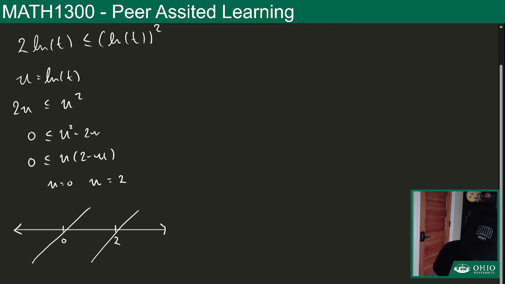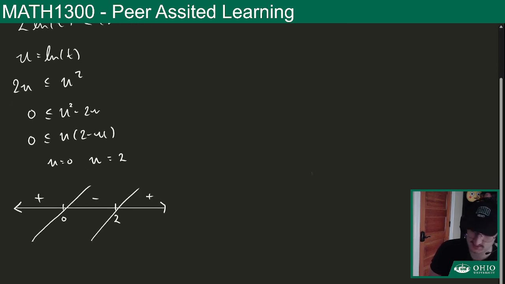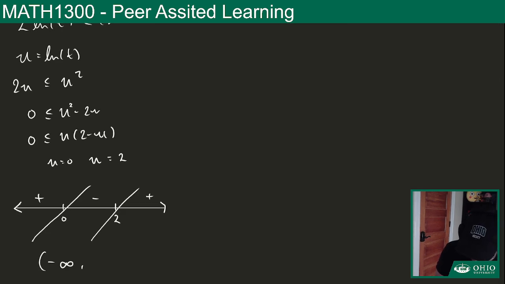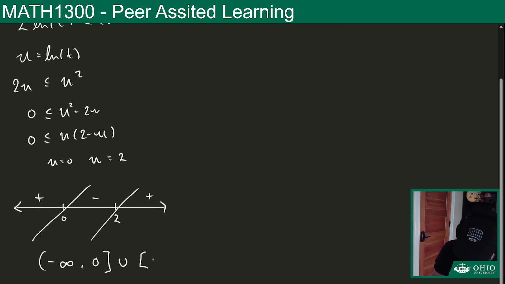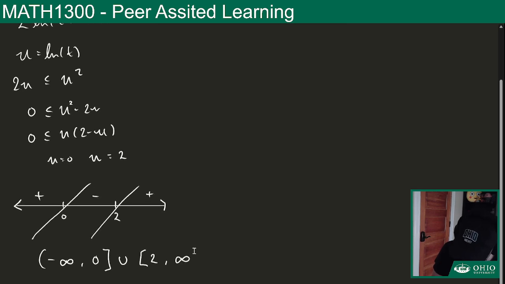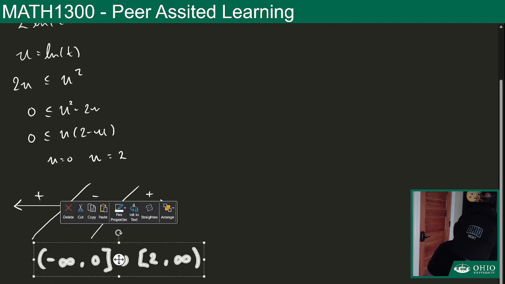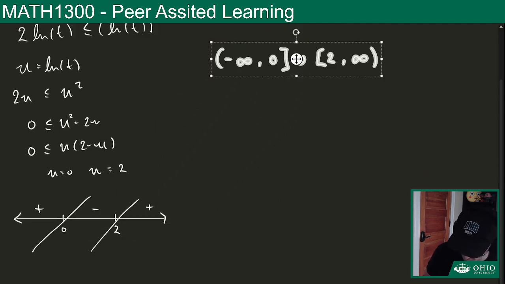And so my sign diagram looks like positive, negative, positive. And in the context of the equation, we want to know when these intervals are positive. And so the intervals we end up getting is negative infinity to 0, and that's included, union 2 to infinity.